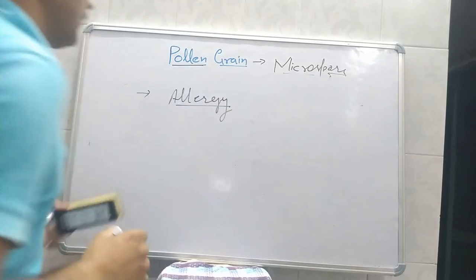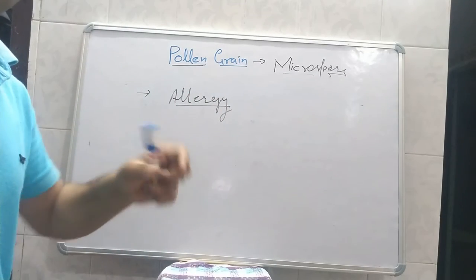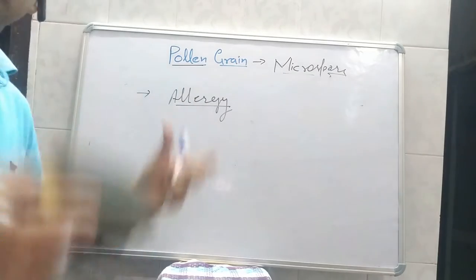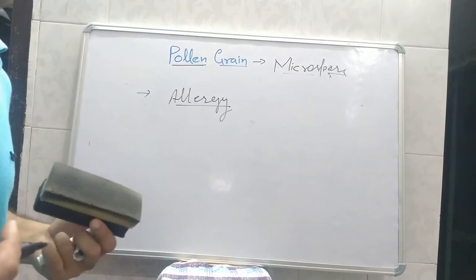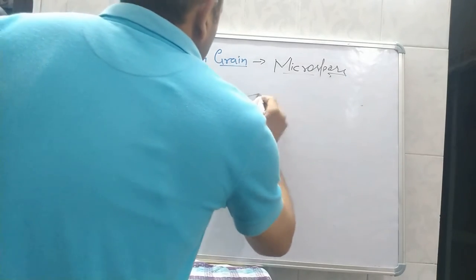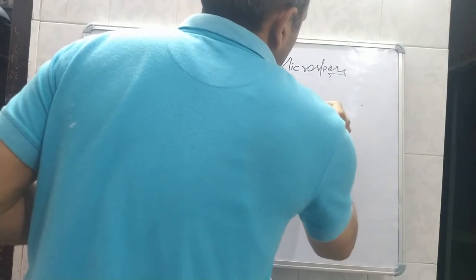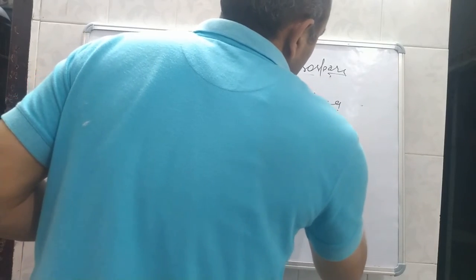In the maximum of cases, जैसे in March and April, when lots of flowering is there and large numbers of pollen grains are released into the environment, they enter into the respiratory tract of human beings, and that leads to allergy, which is asthma in some people, or bronchitis, respiratory disorder.